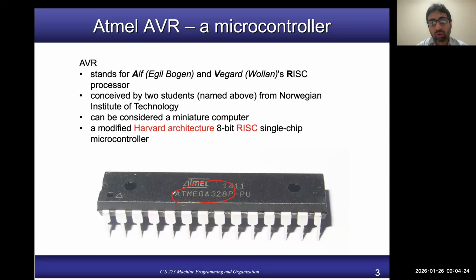One memory is used to hold the code, the other memory is used to hold the data. And both memories are connected with the CPU with separate buses. So that is Harvard architecture. In contrast, we have von Neumann architecture, where you have a single memory holding both code and data, right?